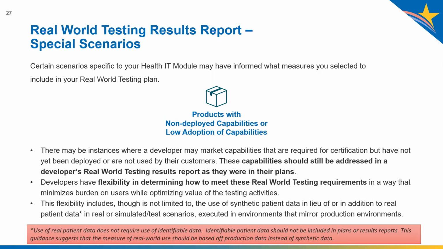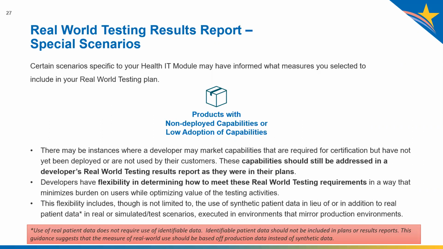And we also have spoken to, if all else fails, some of these flexibilities may include the use of synthetic patient data in lieu of or in addition to real patient data, or the use of simulated test scenarios and things like that, but that mirror production environment. That's the key here: you create a scenario where you can mirror the production environment so that it's really assessing the real world use of the functionality and that it still meets the certification criteria.